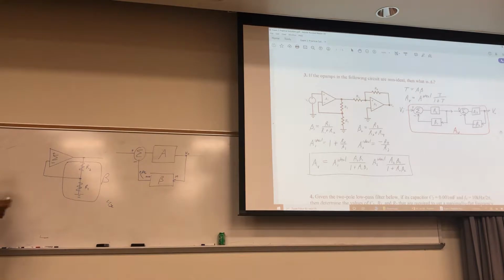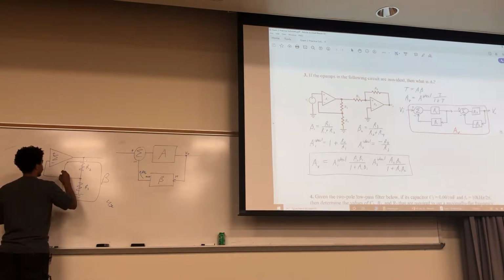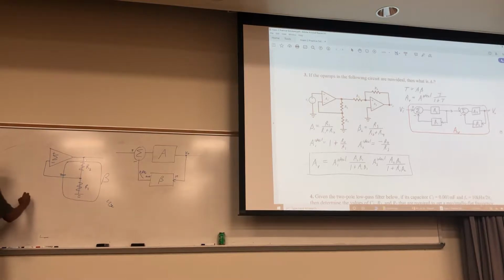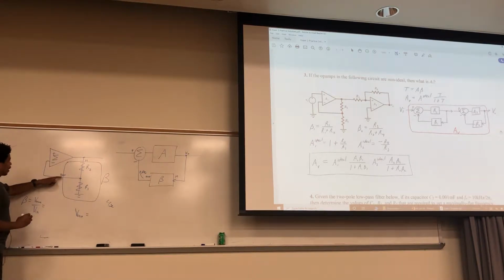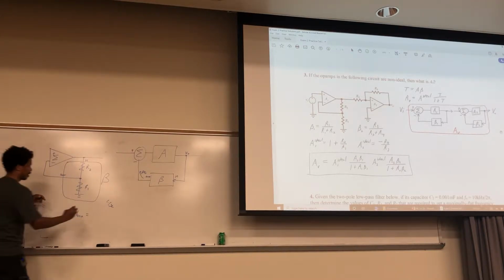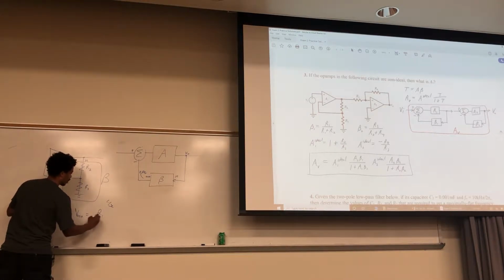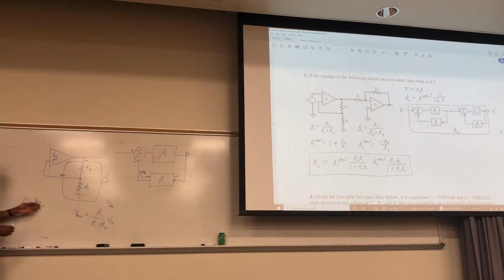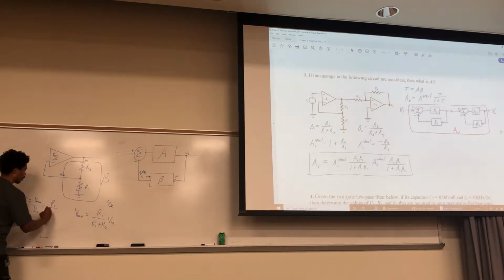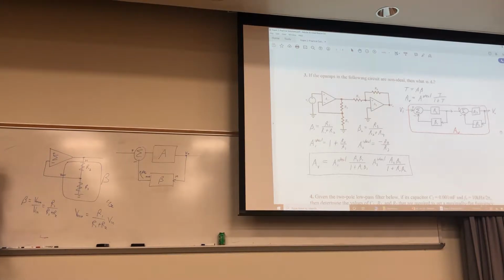Your gain is V out over V in. If you look at your V out here, you could do voltage division. You'll see that's R1 over R1 plus R2 multiplied by whatever Vn is. That's why for this you have your R1 over R1 plus R2 for your beta.